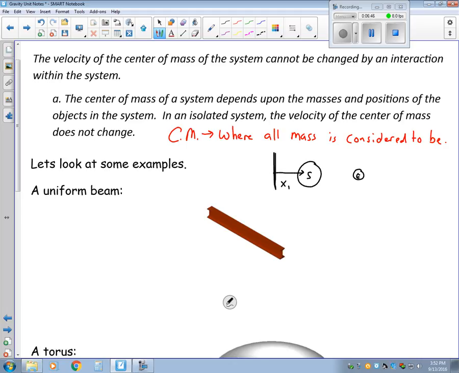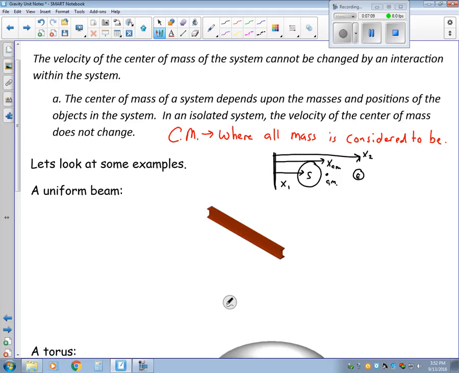The position from here to the planet is x2. And then I would have a center of mass somewhere between the sun and the planet. And that would give me my xcm, the position of my center of mass.